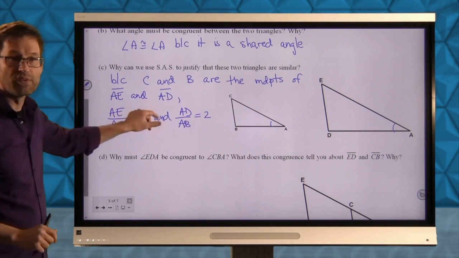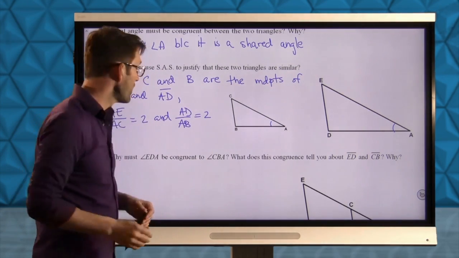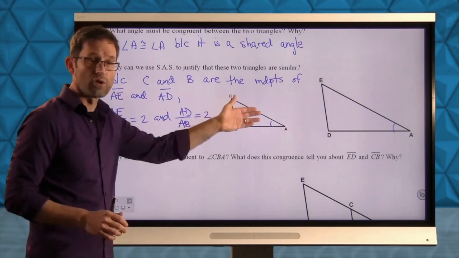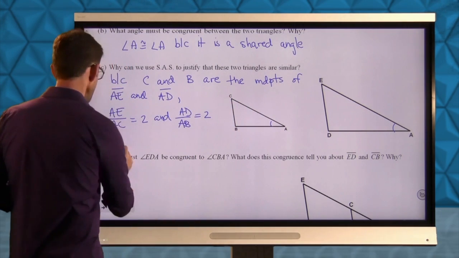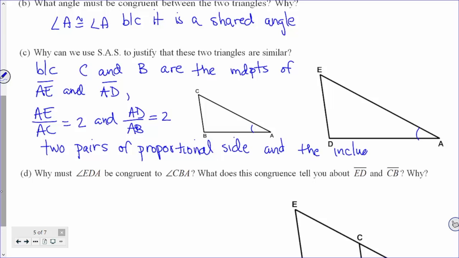You could also flip these ratios and say that they're both equal to 1/2. But that's the deal with side angle side, right? I've got two pairs of proportional sides and, not angle yet, and the included angle equal.